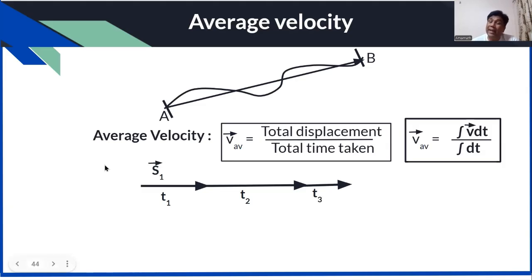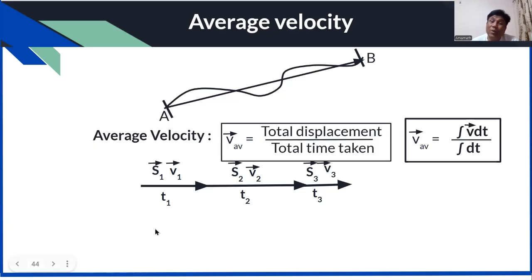Say I have covered the S1 displacement with velocity V1, the second part displacement is S2 covered with V2, and similarly the third part displacement is S3, covered with velocity V3. It means I have covered all the different segments with different velocities.